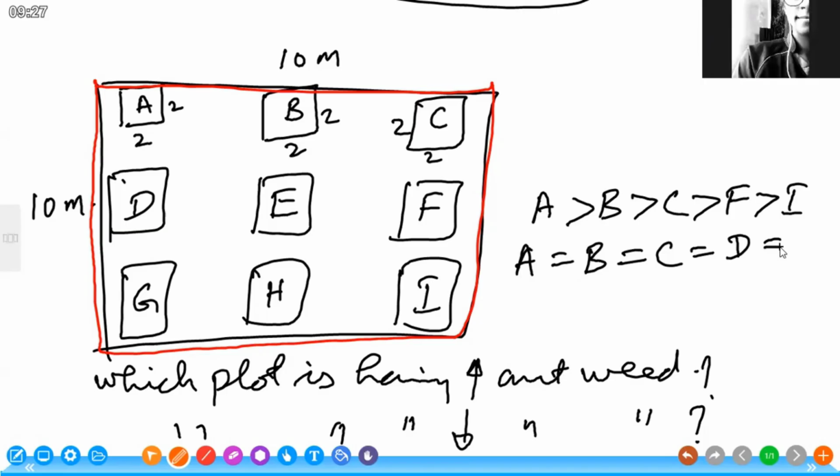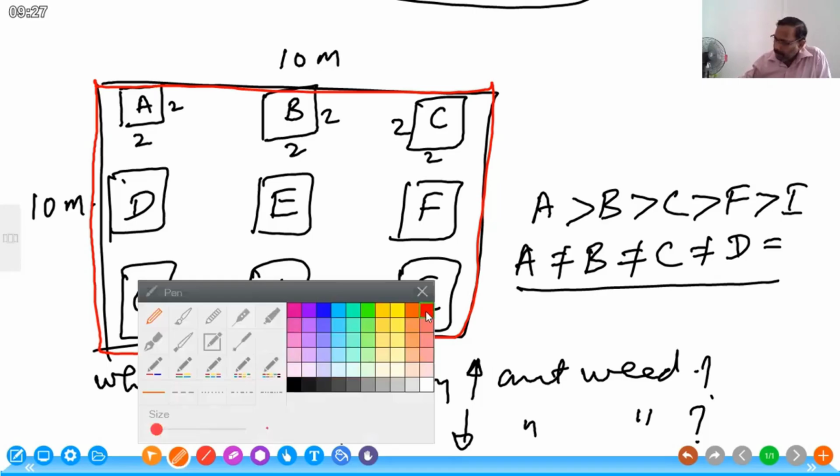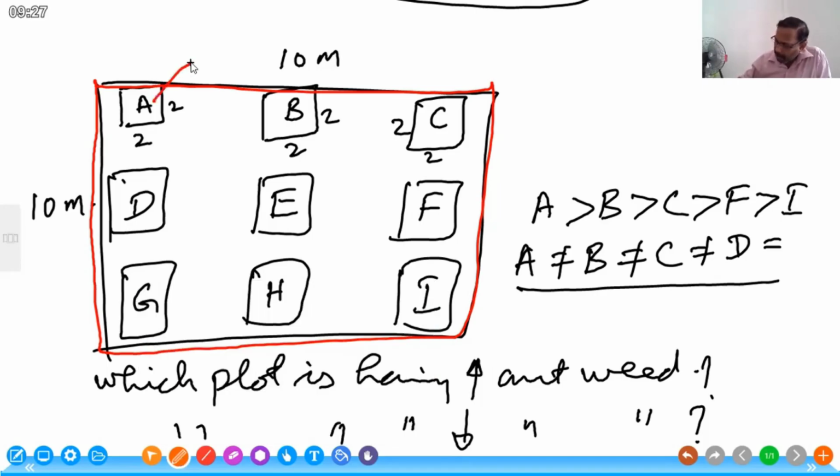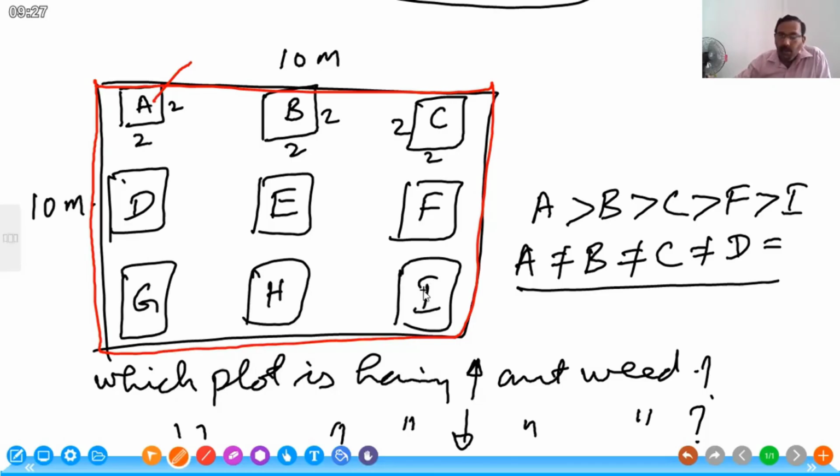Can't, sir. Actually, they are not equal. If I count the broadleaves, for example, in this field, in a 2 into 2 meter plot, I have 25 broadleaves.